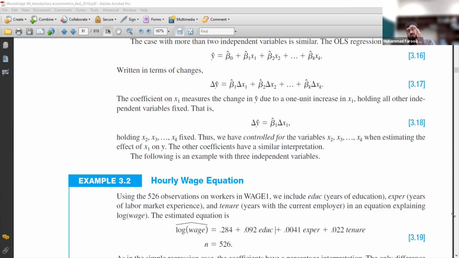So education 4 units से अगर increase करिए, अगर 4 साल ज़्यादा तालीम है आपकी, तो 4 times 0.092 increase हम expect करेंगे in your log wage, predicted log wage. ठीक है? तो that's what we mean कि हम दूसरे variables को fix hold कर रहे हैं. So just focusing on education.